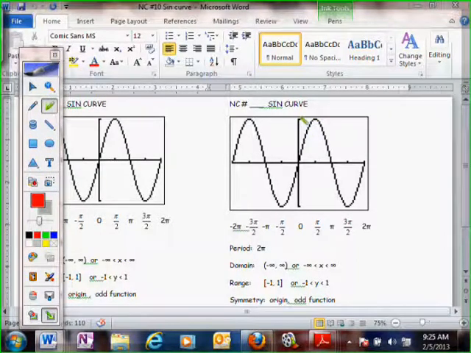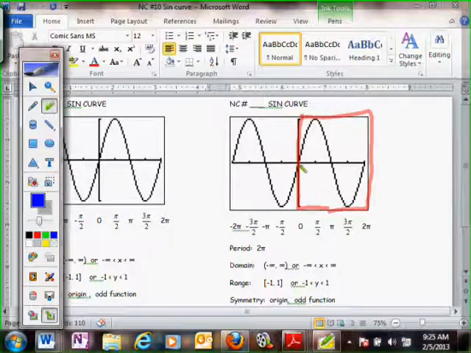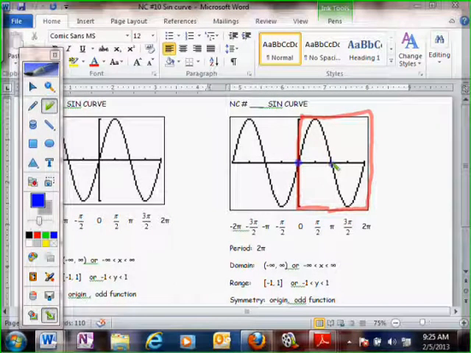So I'm only interested in this piece. And the critical values to look at on this graph, again, are every x-intercept and every max and every minimum that I see there. Those are my critical points that I'm concerned with.